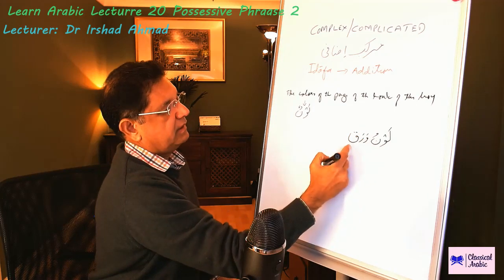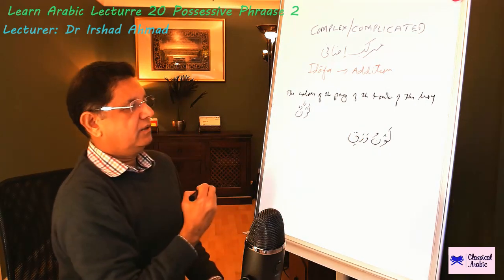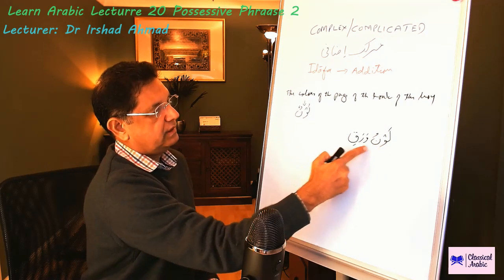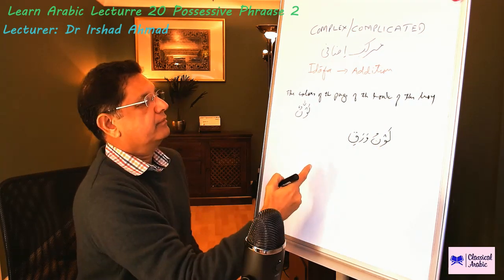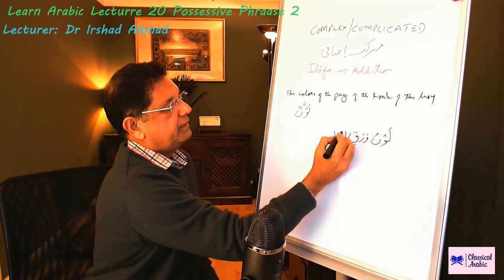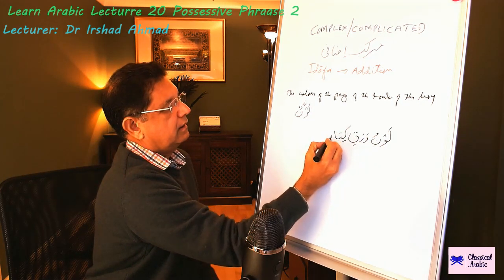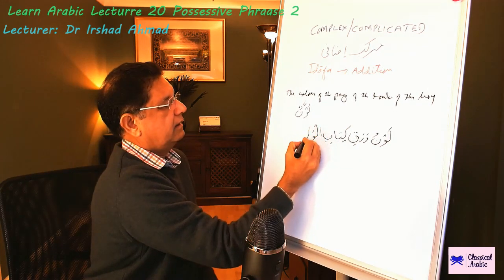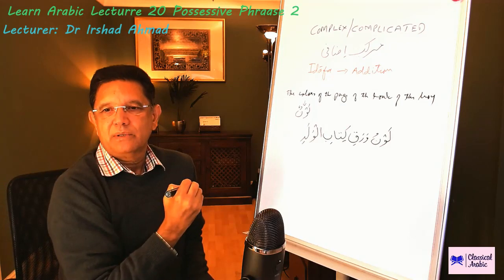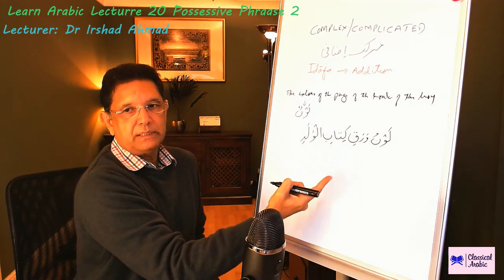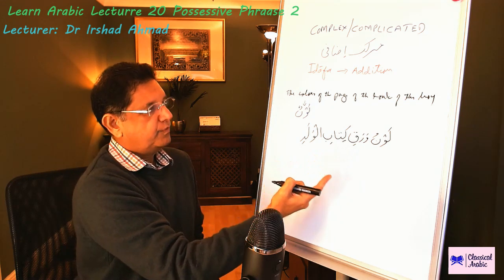This time this is going to be waraki, not waraku, because this is now a non-first word in this murakkab. So lawnu waraki kitabi kitabil waladi. Kitabil waladi. So that is our complicated murakkab idafi.